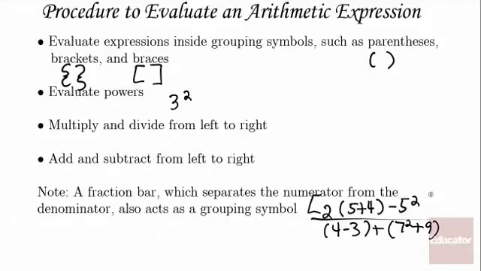And it's telling me that I need to handle the numerator, get a result for that. Then I need to find the result for the denominator separately. Once I have those results, then I'm going to divide what I've found in the numerator by the result in the denominator. So a fraction bar can act as a grouping symbol like parentheses.